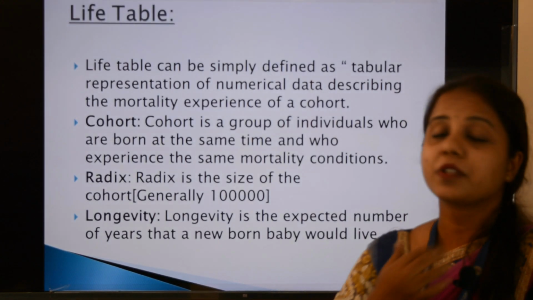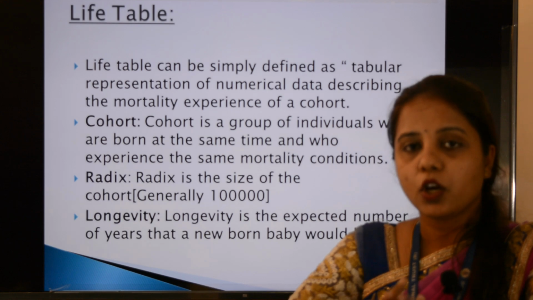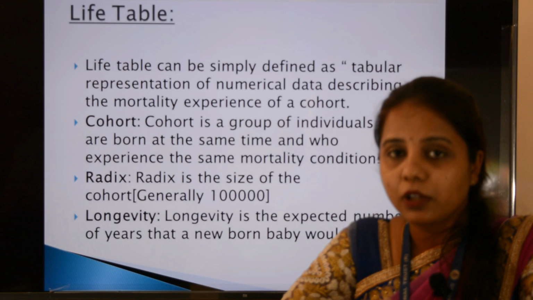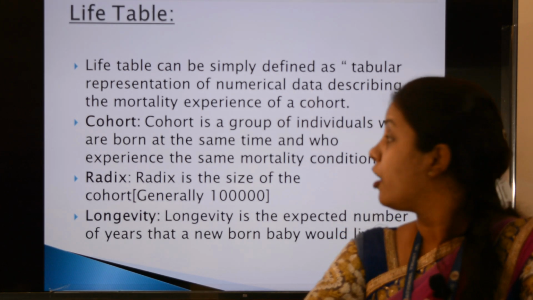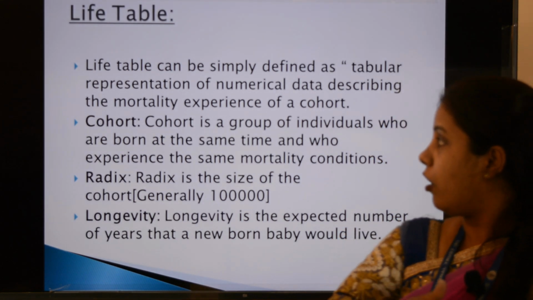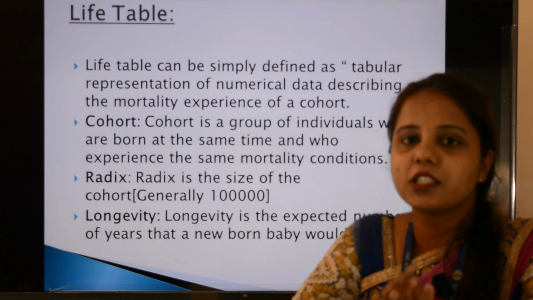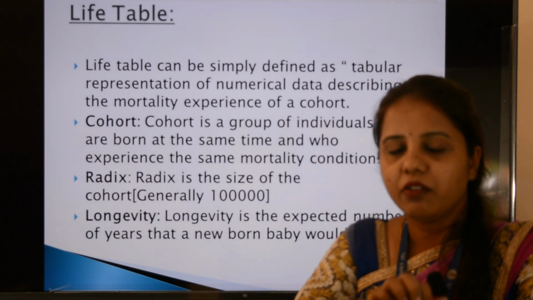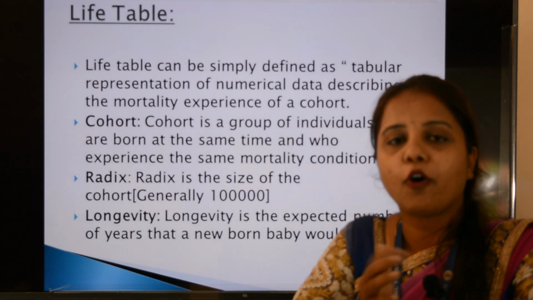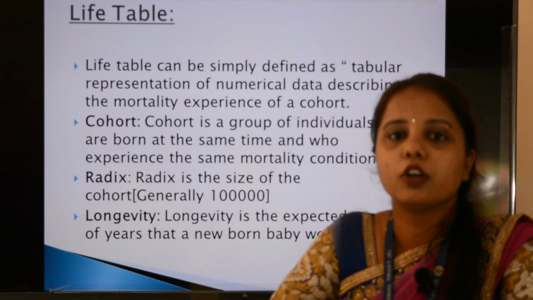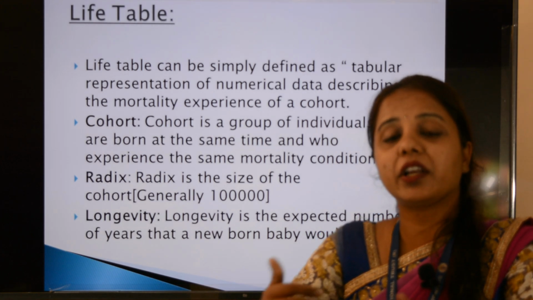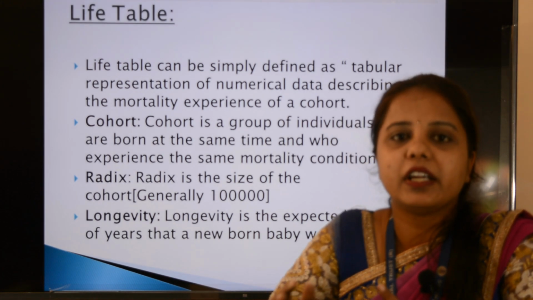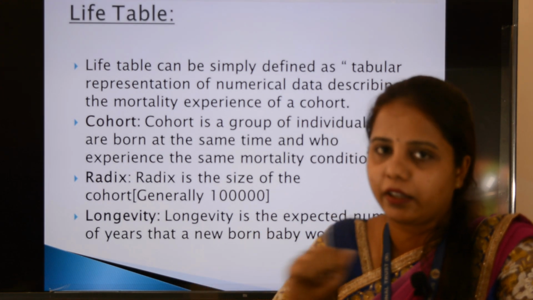Next concept is life table. What is life table? Life table is a tabular representation of numerical data of mortality experienced by the cohort. So basically in life table we'll have data about mortality experience of a cohort. Then what is cohort? Generally cohort means a group of individuals with common characteristics.